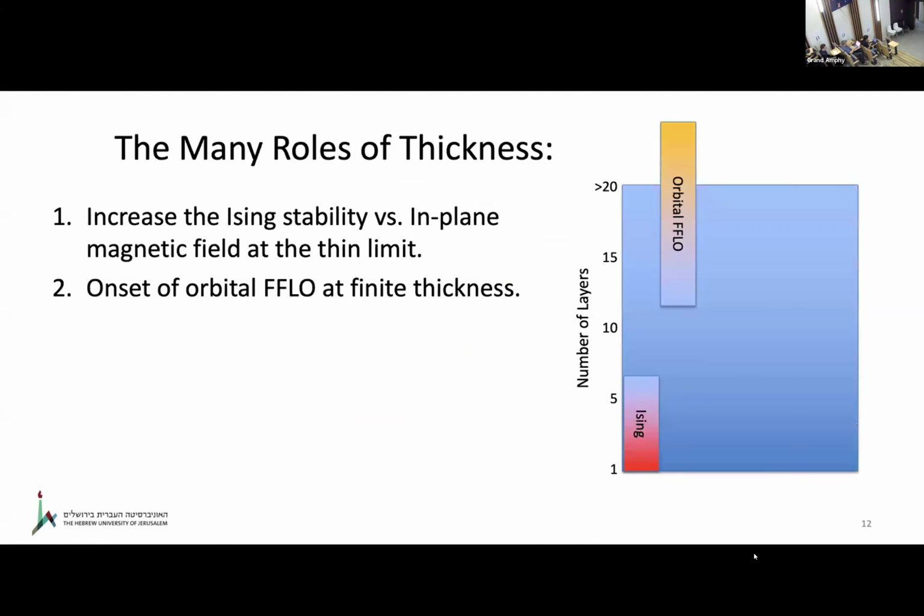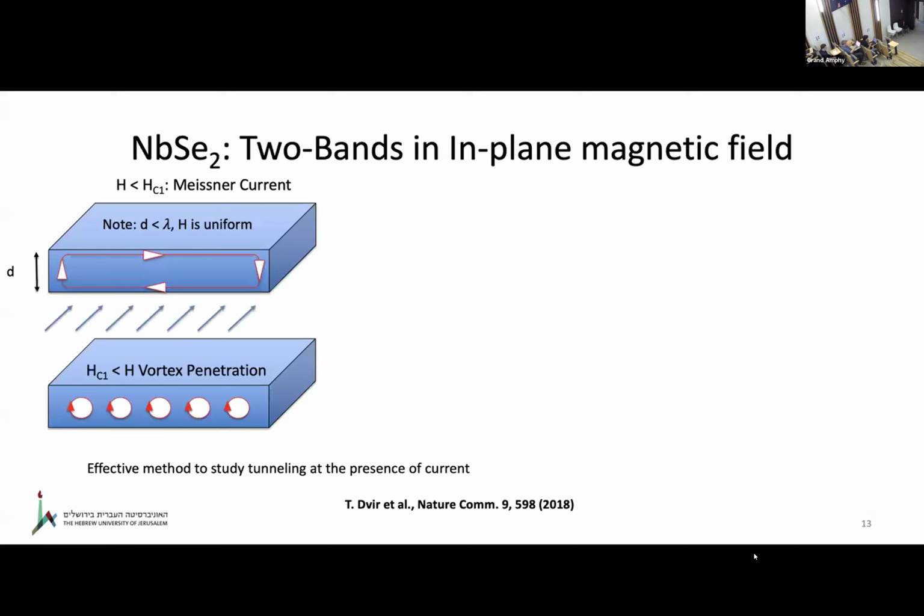This phase appears only in the thicker limit of over about 10 to 15 layers. So you have Ising at the ultra-thin and FFLO at a thicker regime. And then there's other stuff.